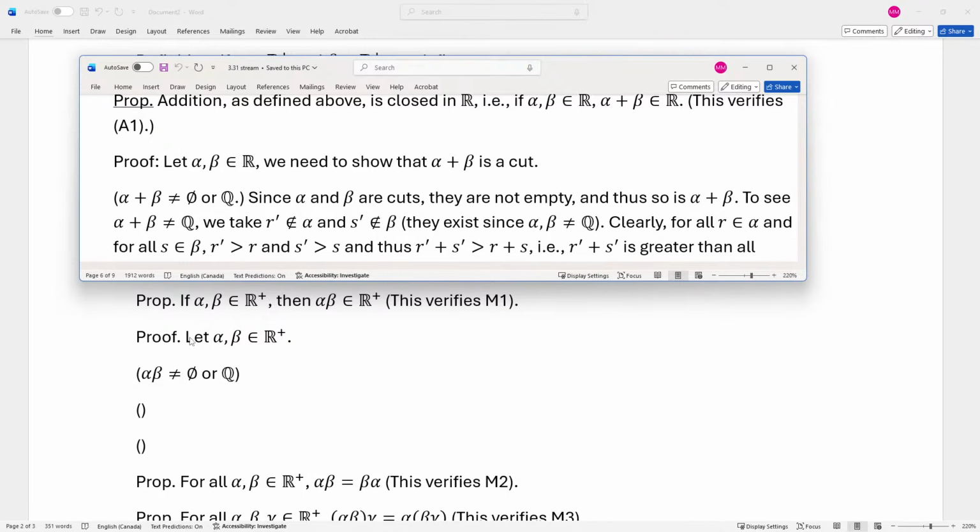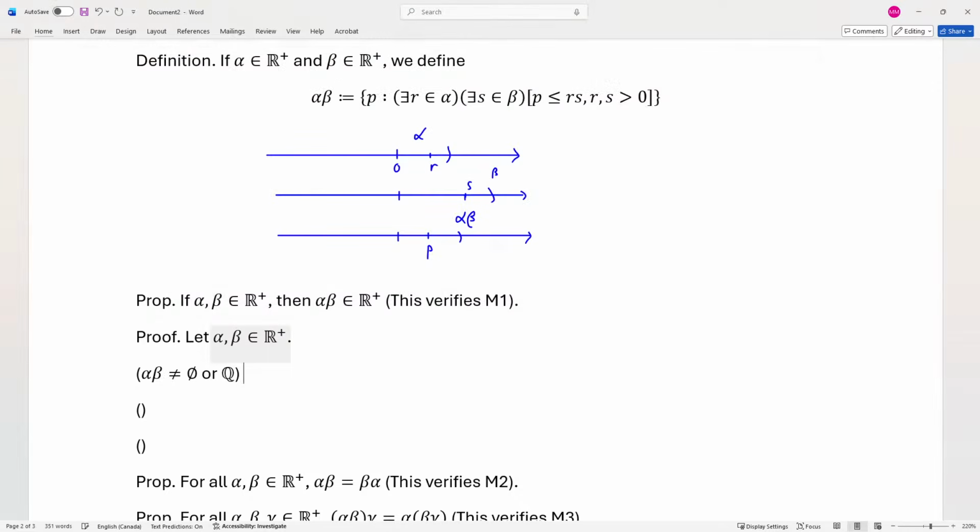So let's say alpha times beta is the empty set. Okay, let's do your idea. If alpha times beta is the empty set, that means there is no such P that satisfies this property.